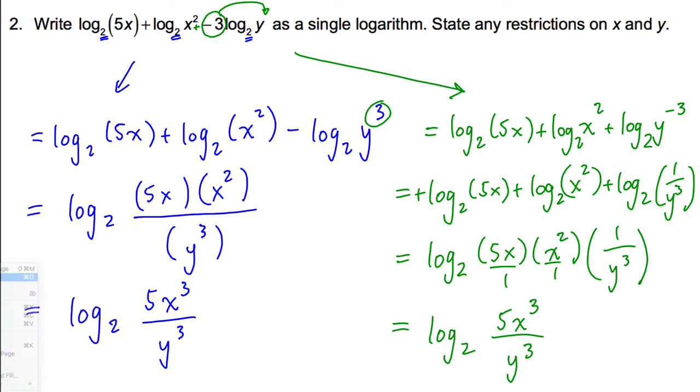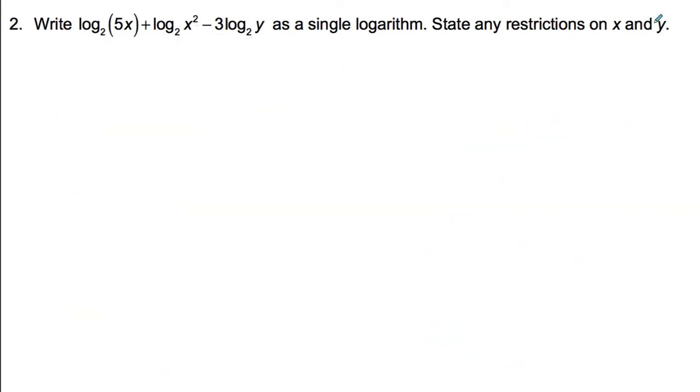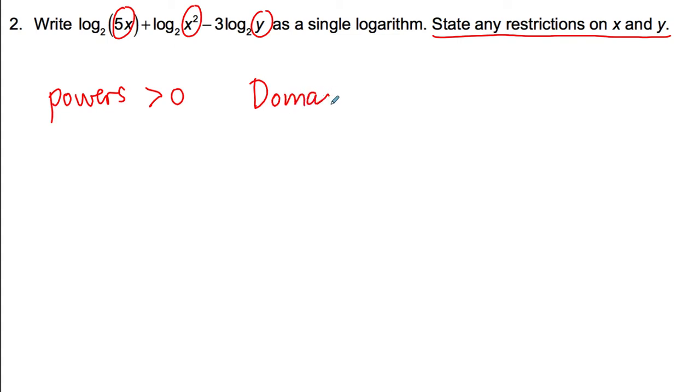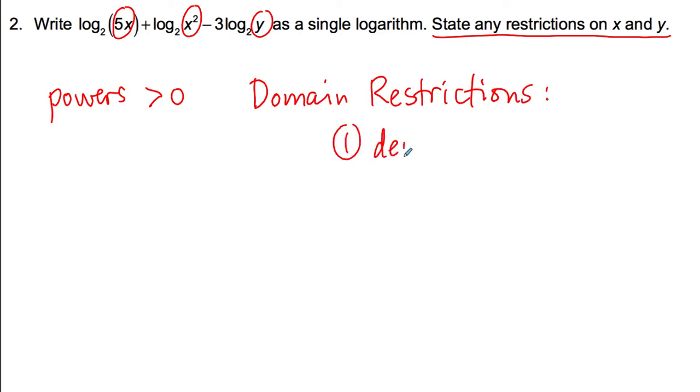Now, the next piece of this question is to make sure that we are coming up with the restrictions on x and y. And we recognize that the input of each logarithm is a power, and we know that powers must be positive. In fact, this is our domain restriction number 3. So let's just remind ourselves what our domain restrictions are. The first domain restriction is that denominators cannot be 0.